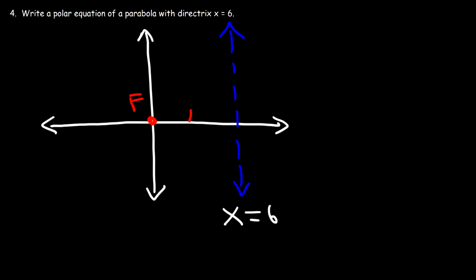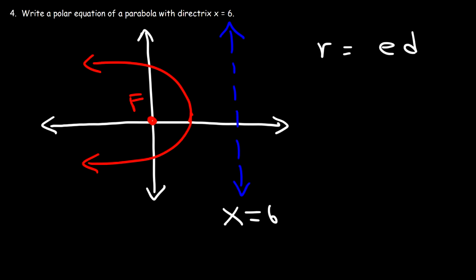The parabola is going to open towards the focus, but away from the directrix. So it has to go towards the left, which means that the equation that we're dealing with is ed over 1 plus e cosine theta, since it's going towards the left. If it was going towards the right, it would be minus e cosine theta.